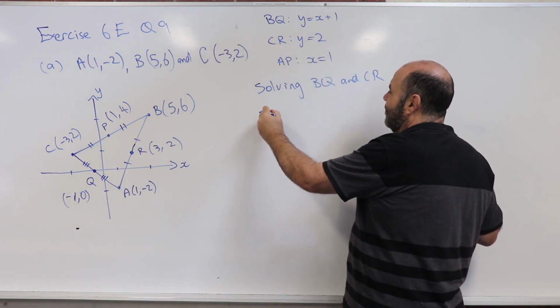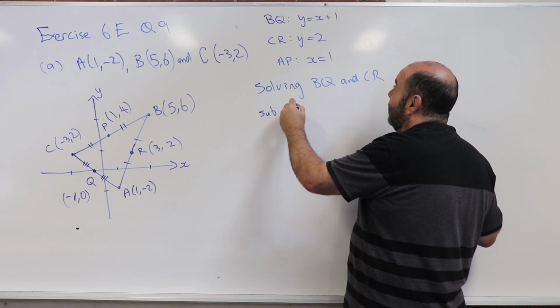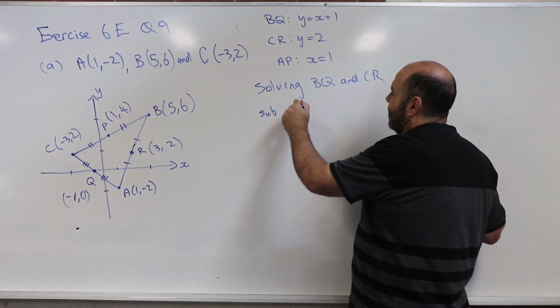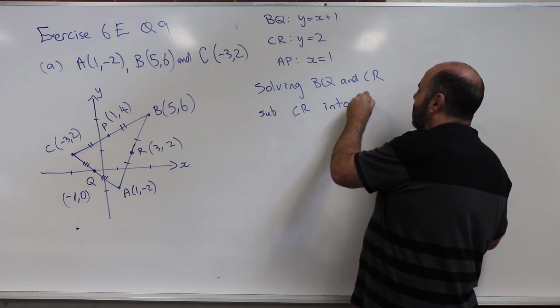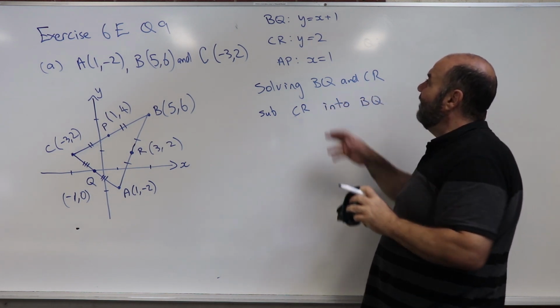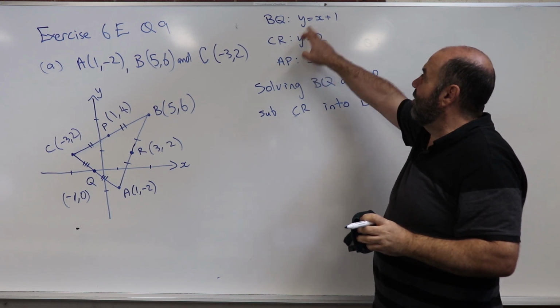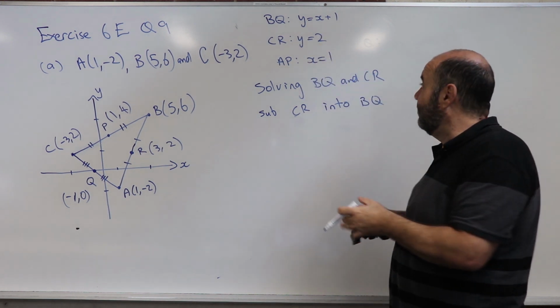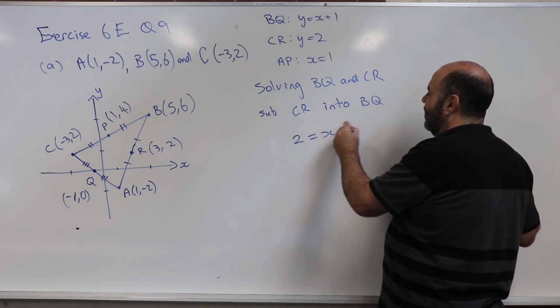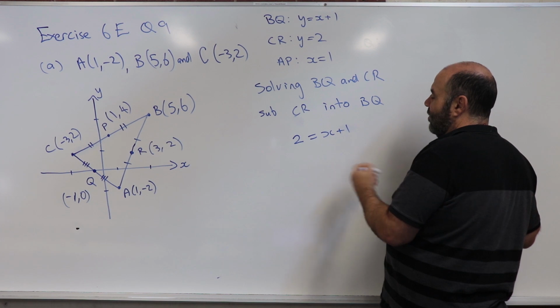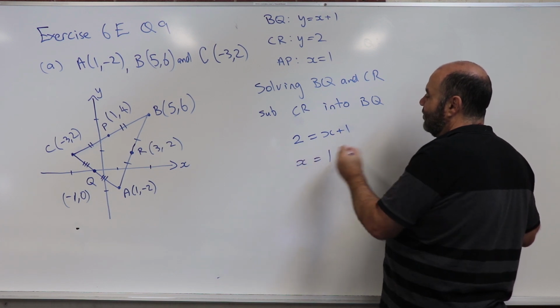We can substitute CR into BQ. In other words, everywhere I see a y in BQ, I'm going to put in 2. So I get 2 equals x plus 1. Well, the only way that can happen is if x is equal to 1.